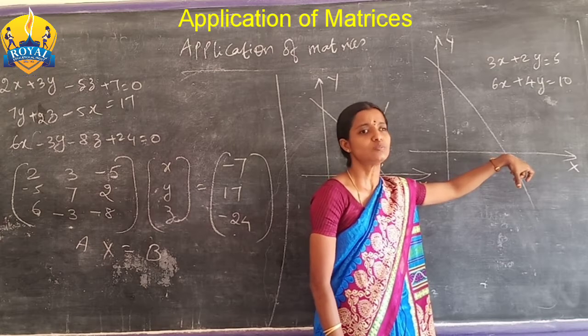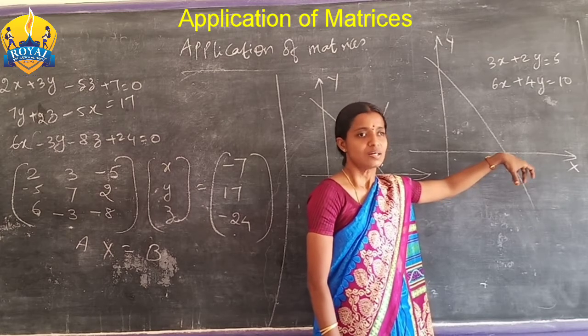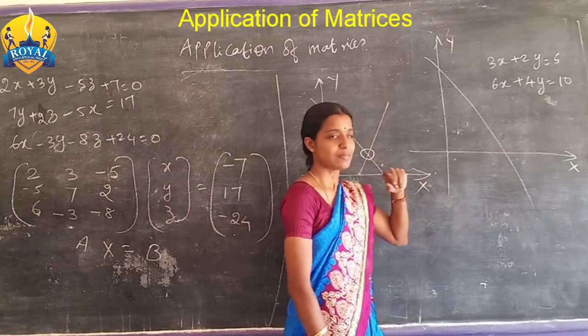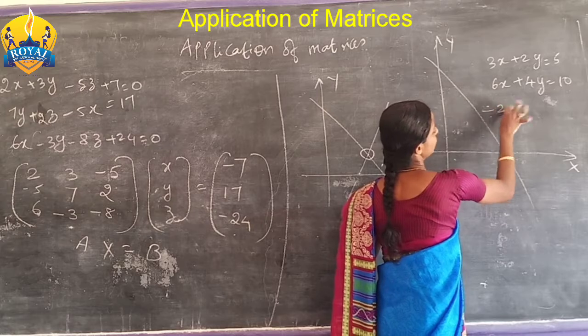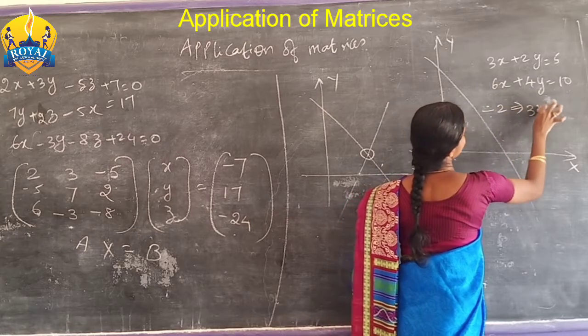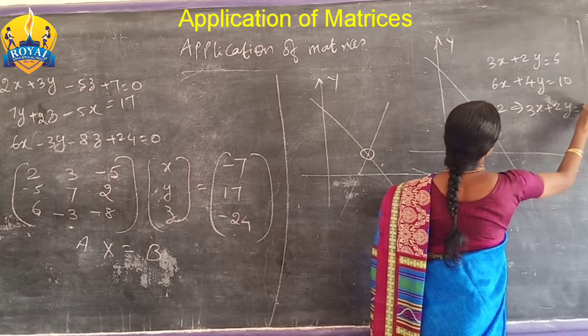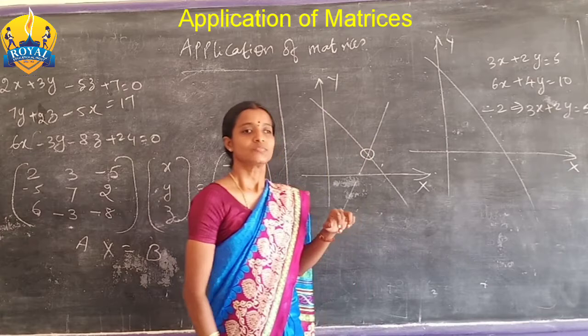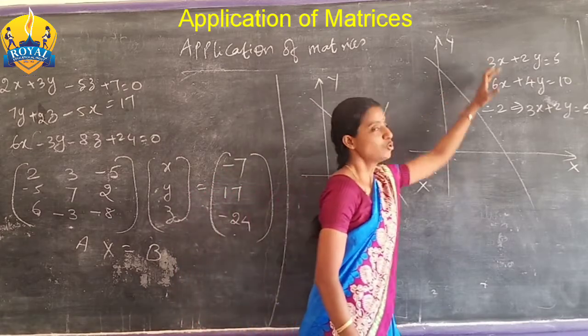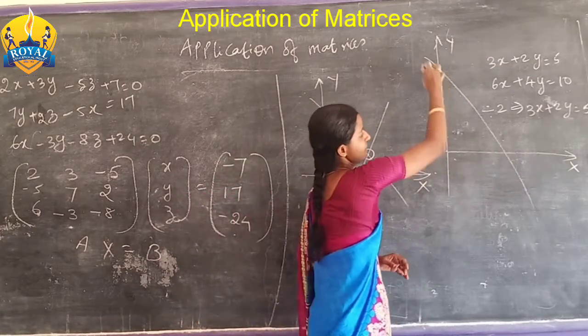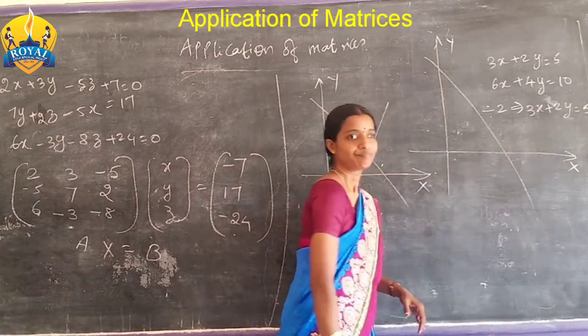Hope you are able to follow. If I divide the second equation by 2, what do I get? I get the same first equation. So automatically, both the lines represent the same one line.